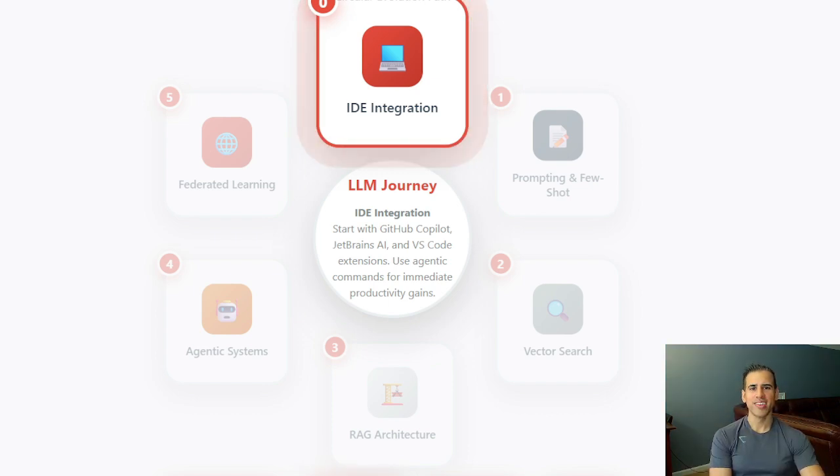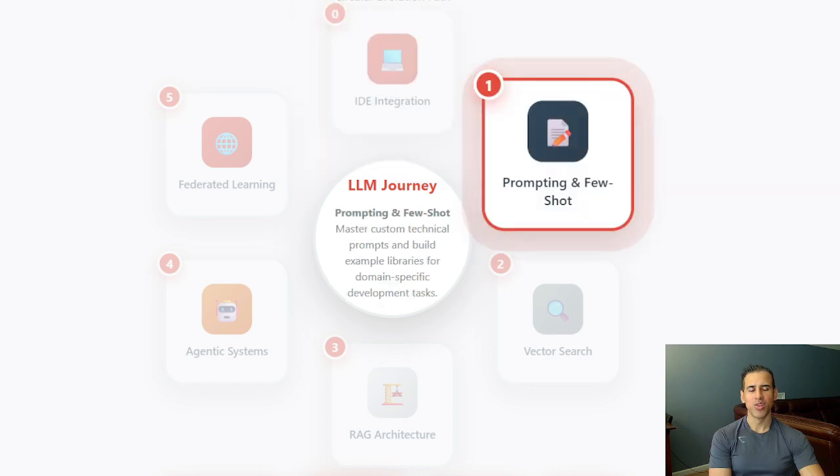So the next step in your LLM journey is prompt engineering. It's the very basic, very first step that if you're creating a Gen AI LLM based solution, you must know how to do proper prompt engineering.